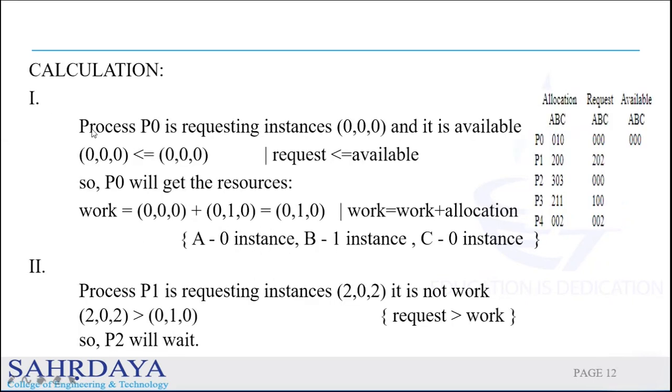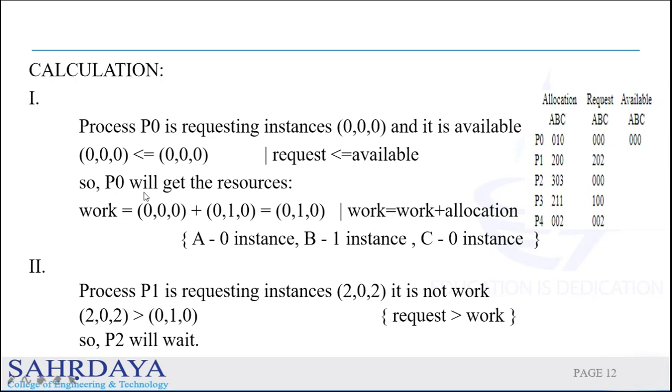In the first part, process P0 is requesting instances 000 and it is available, because the request is less than or equal to available. Therefore, 000 is less than or equal to 000.